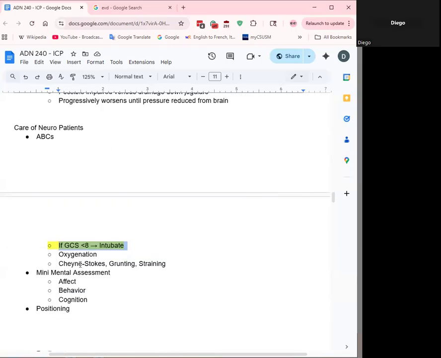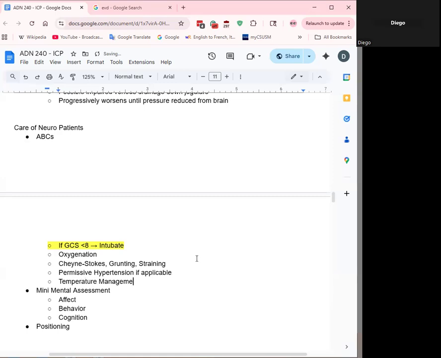ABCs includes assessment of the oxygenation, changes in respiration, management of, I guess I'll include, permissive hypertension, maybe temperature management. People might be on cooling measures.